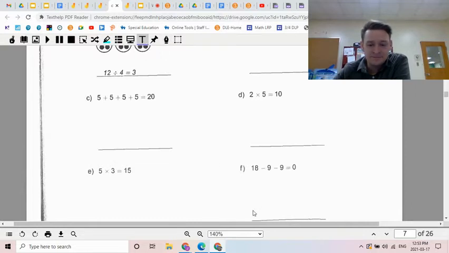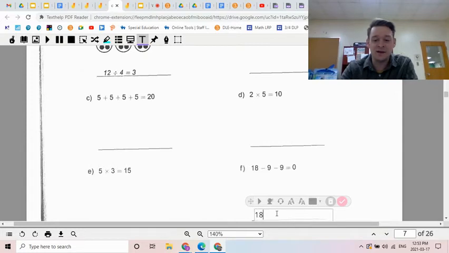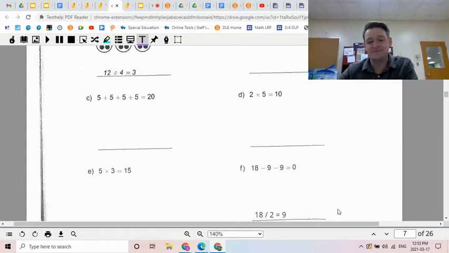Well, this time I'm actually going to start with my division question. So I'm going to say 18 divided by 2 groups of 9 equals 9. So what I saw was 18, subtract 9 equals 0. Well, 2 groups of 9 equals 18.